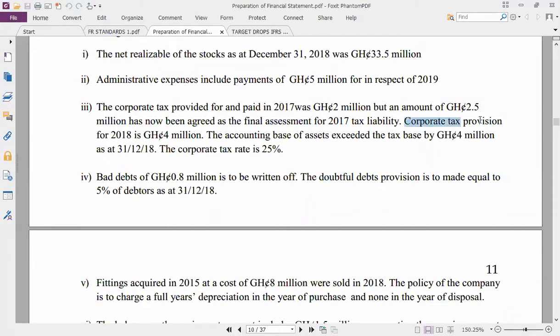They are saying that the corporate tax provision for 2018 is mentioned, the year in question. It's 4 million, full stop. So that's the current year tax provision.